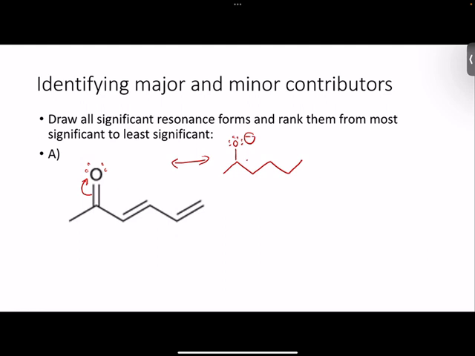Then we can always move this one in here. So then our carbon has 4 bonds. Okay, perfect. So then we have 1 resonance structure. And then we can always move this double bond in here.